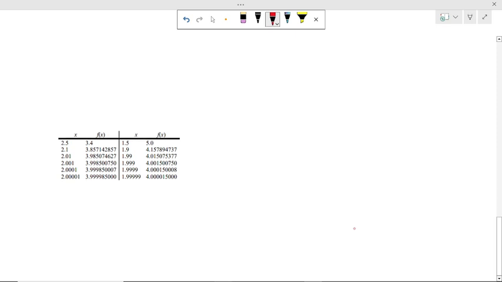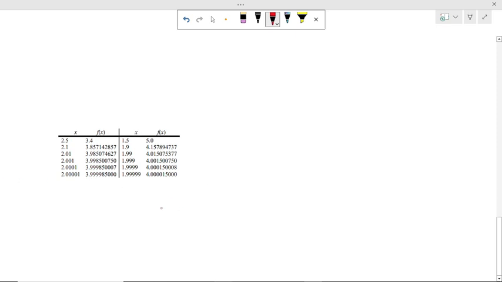So let's say when we found the right hand side limit. When I say the right hand side limit, it means that when we placed values greater than 2 inside the function, we saw that it was approaching 4.